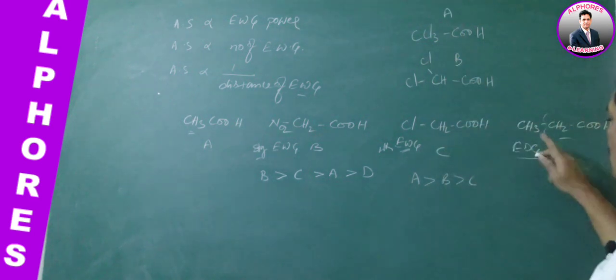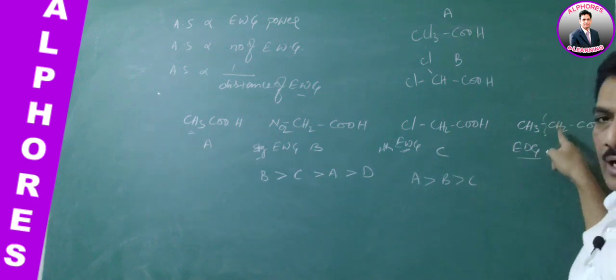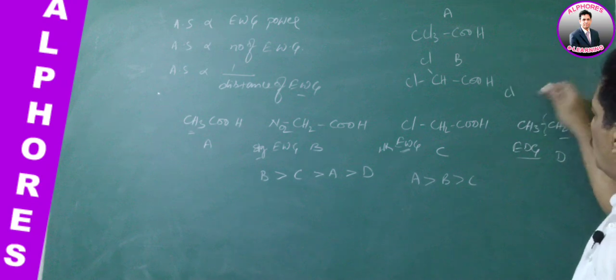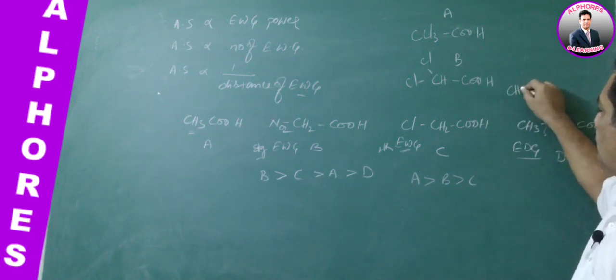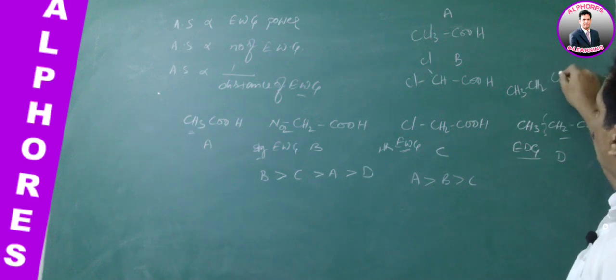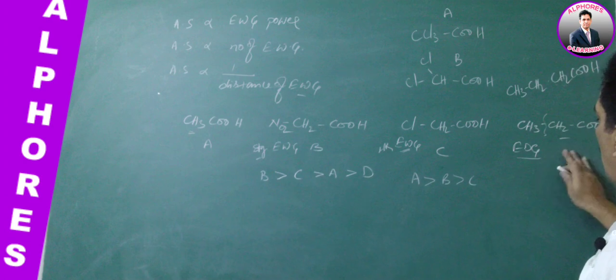Clear? Now coming to this type of structure, if it has two carbons, CH3CH2CH2COOH, this is one compound.